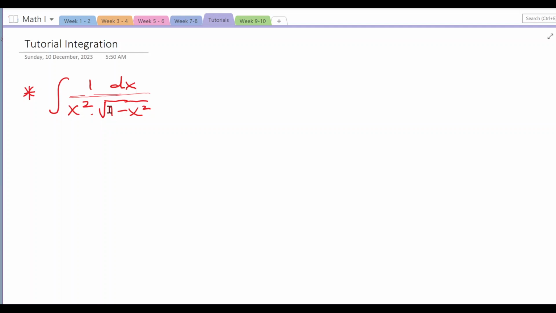something that can be used as a substitute in this case is sine theta. So we're going to let x equal sine theta, and the reason for choosing sine theta is that if we replace x in this 1 minus x squared, it will become 1 minus sine squared theta.